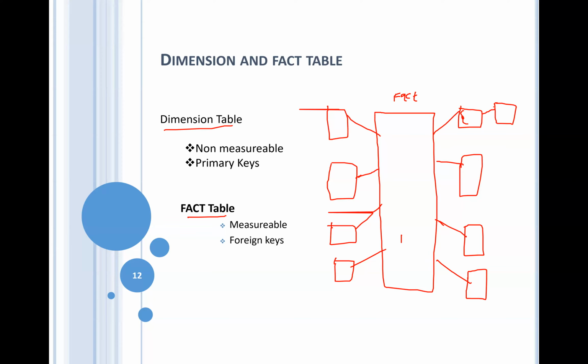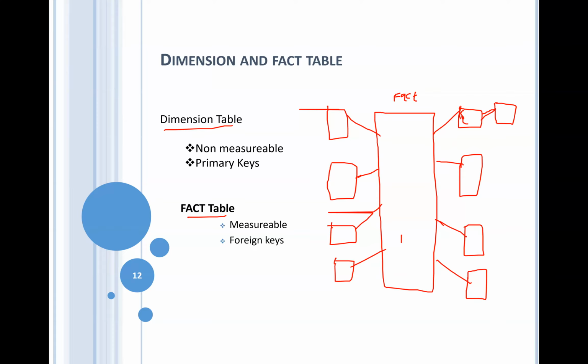That means from one dimension table, we are doing the normalization process and we are creating another dimension table here, to avoid the data redundancy. So this is the outer dimension, this is the inner dimension. This dimension table will have the primary key, and this dimension table will have the foreign key. So this particular key will be a foreign key in this particular table, right? It's in the dimension table.